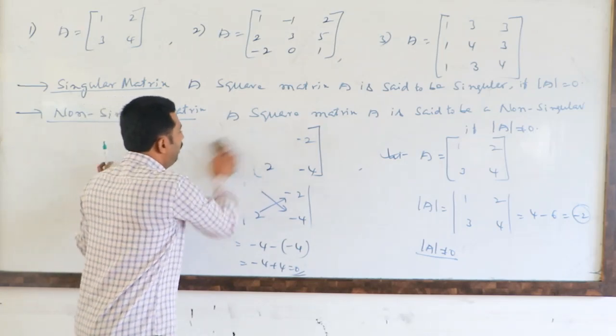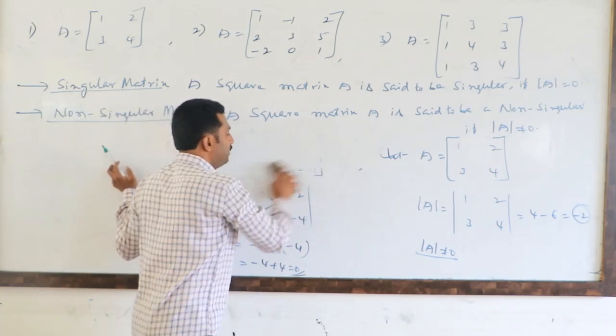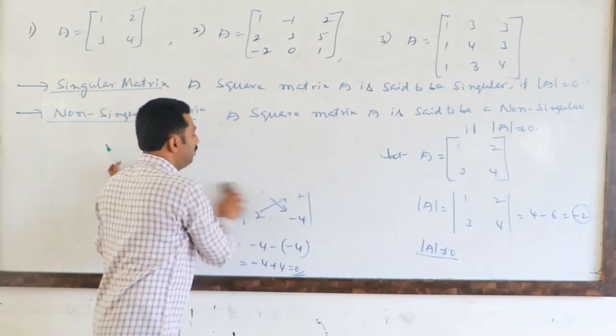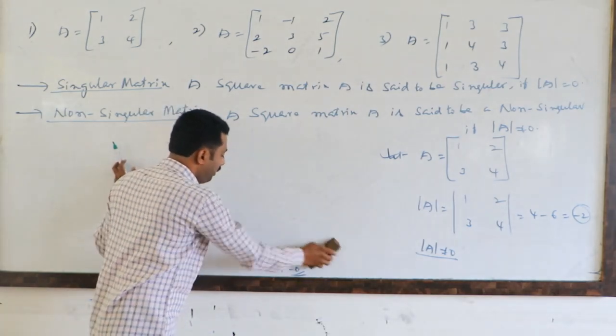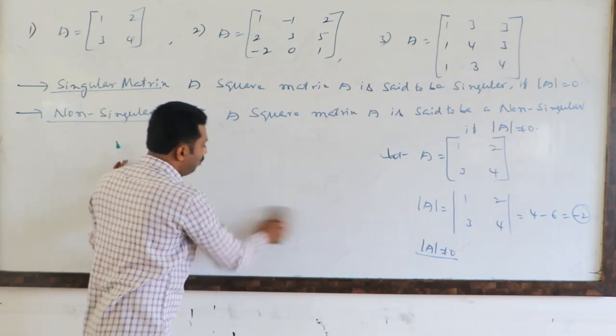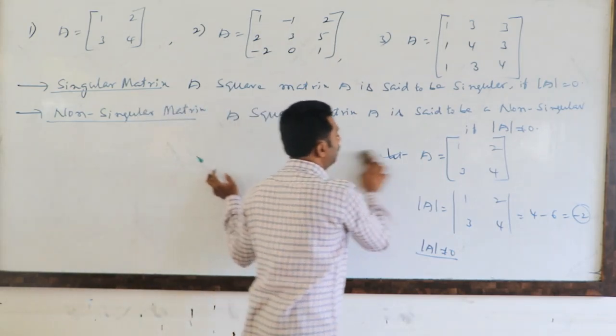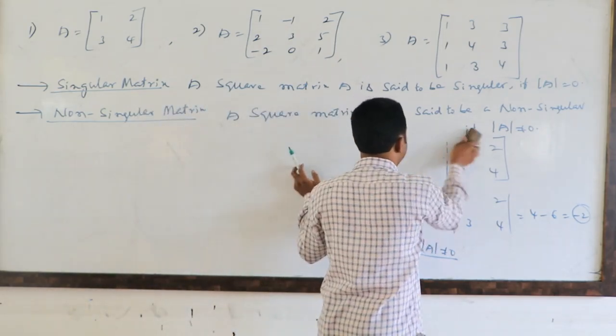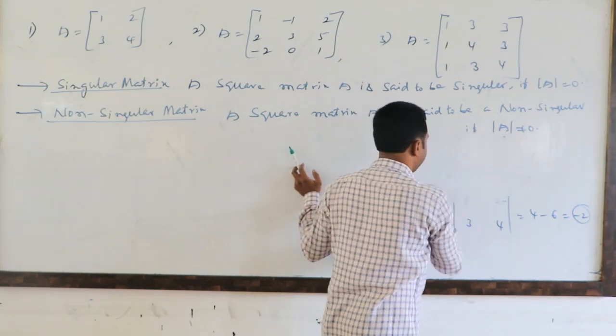One concept you should understand. Suppose A and B are two non-singular matrices, then AB and BA are also non-singular matrices. You have to understand this concept.